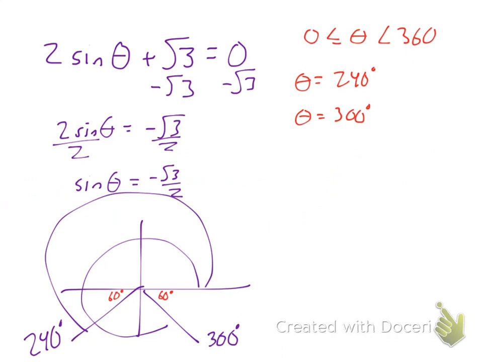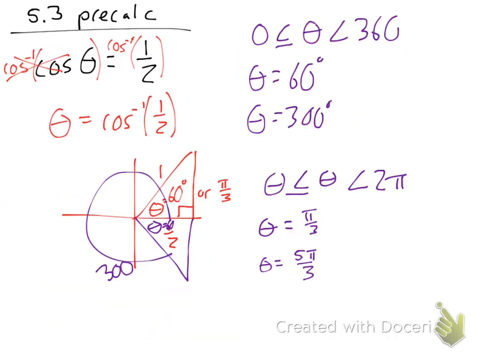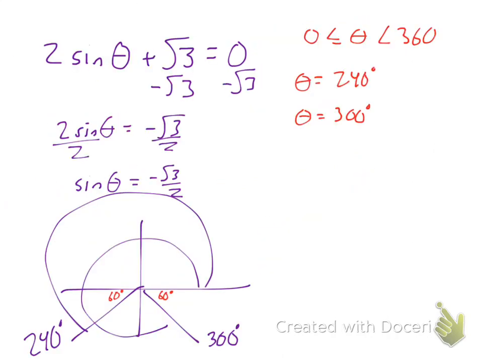Or even, let's go back to our problem here. We'll go with this one because we only have degrees on here. 240. If I took the sine of 240, I would equal negative square root of 3 over 2. Right? We just found it. But couldn't I start here and add 360 degrees, and wouldn't I be right there again?